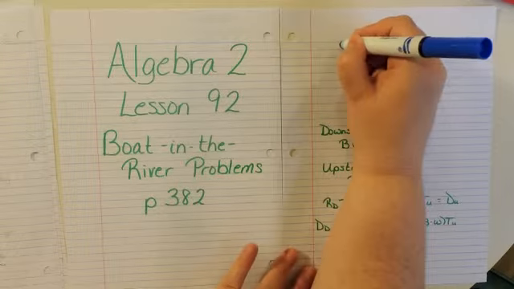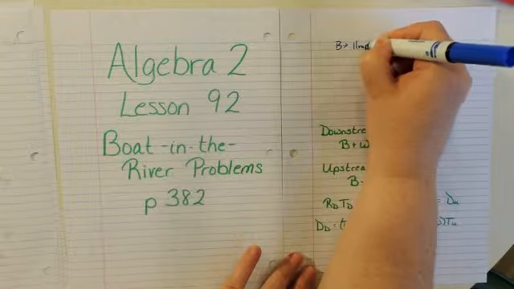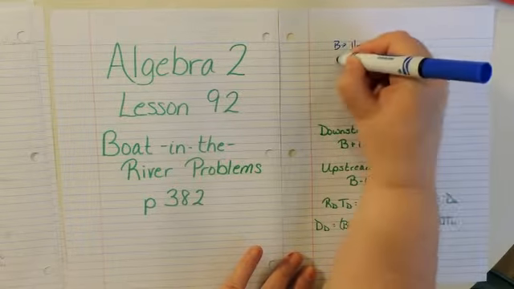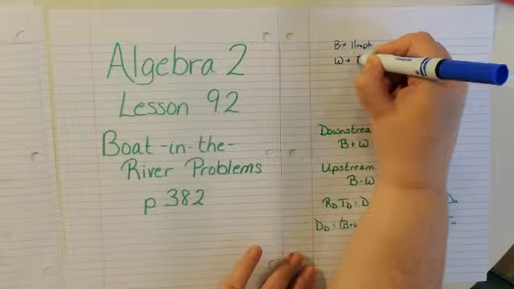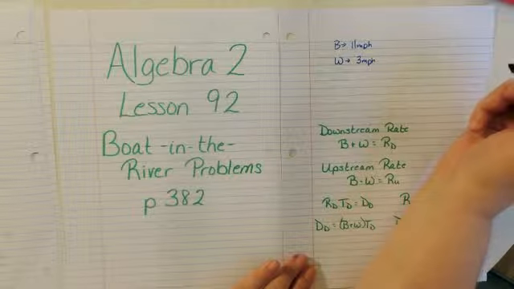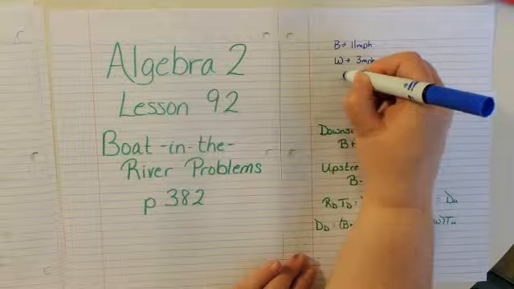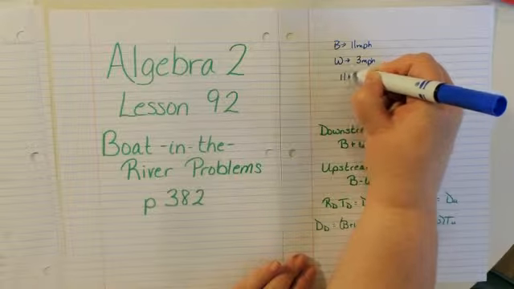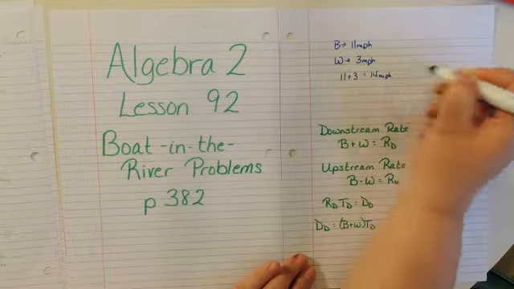So if the boat engine is on and it travels with the water, it's going to go at 11 plus 3, or 14 miles per hour.